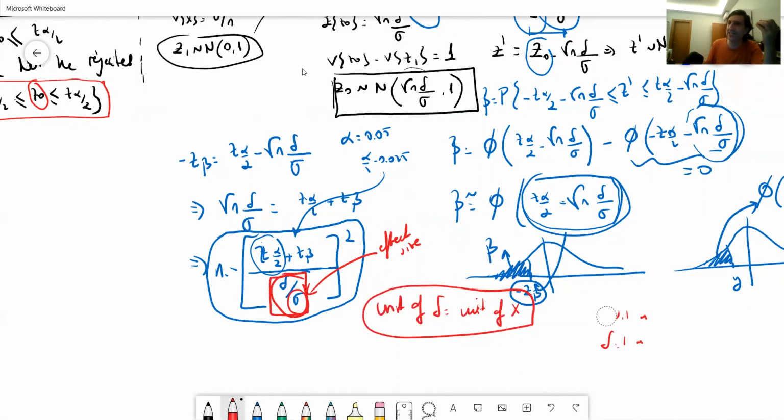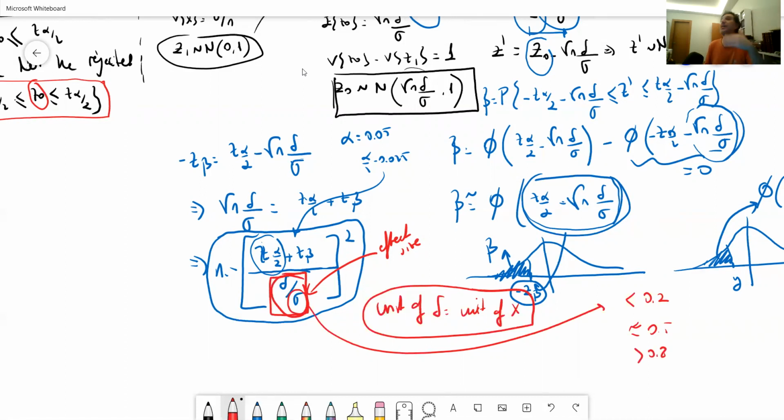Just to give you an intuition, this is usually used in psychology. This value being smaller than 0.2 is taken as a small effect size. When this is around 0.5, we have a moderate effect size. When this is greater than 0.8, we have a large effect size. So this effect size is the difference between the actual values, and I will try to explain later why we call it effect size.